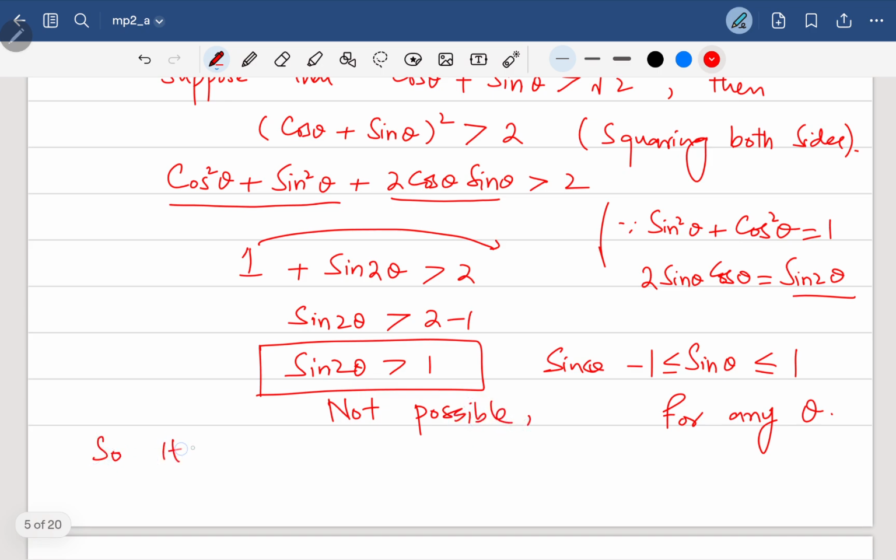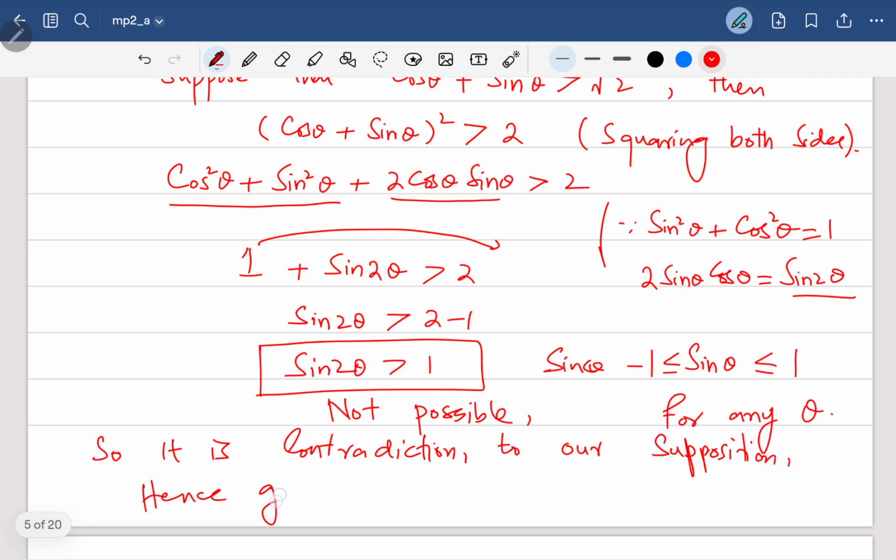So it is a contradiction to our supposition, so hence the given statement is true. So this is a way to prove any result by using the contradiction method.